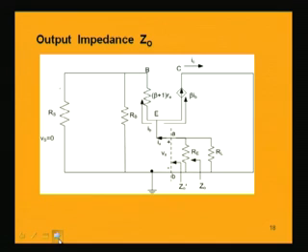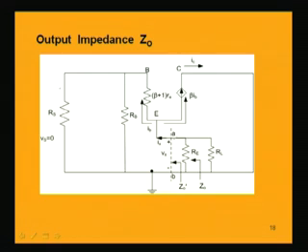Now, output impedance. In order to find the output impedance, we first of all look from the output side terminals and make the source 0. So, let us consider the same circuit again, and you make the Vs 0, having only the Rs in this input circuit, which is parallel to Rb of course, and this is the transistor.